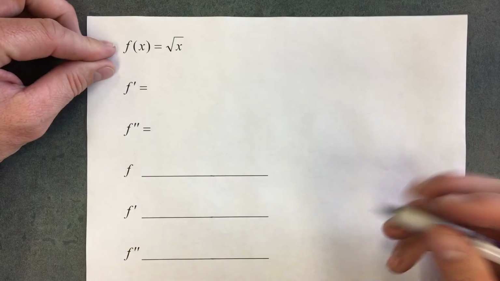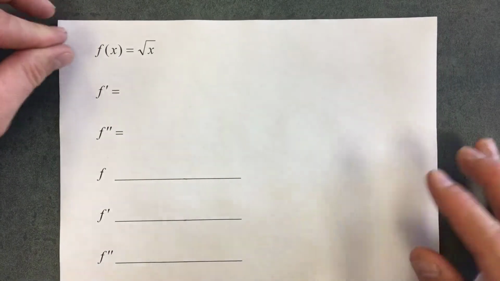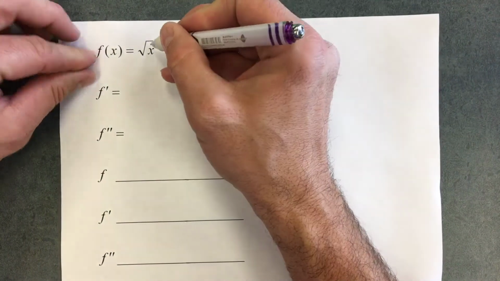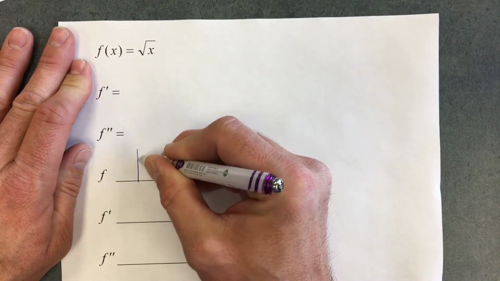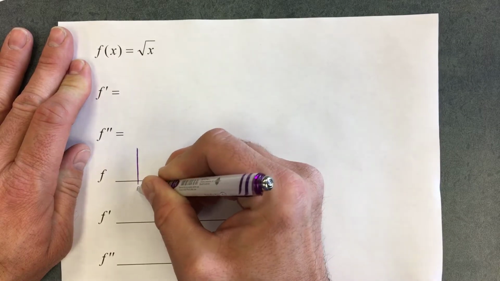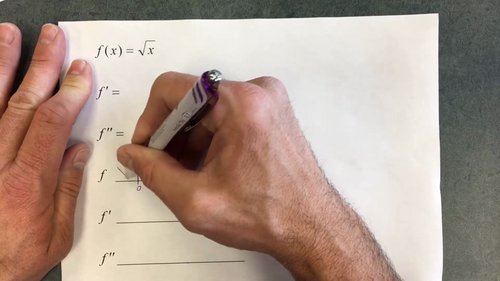All right, what I'm going to do is realize that root x only exists when x is greater than or equal to 0. So I'm actually going to build like a wall right here. I'm at 0, and nothing exists to the left of 0.